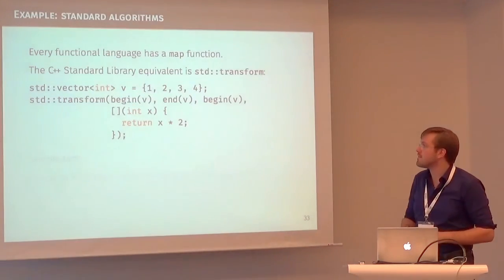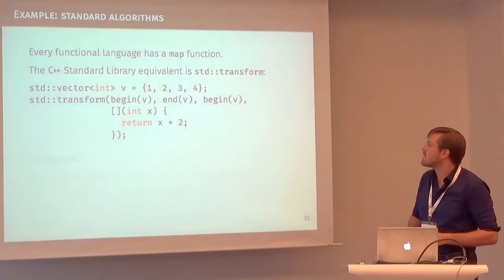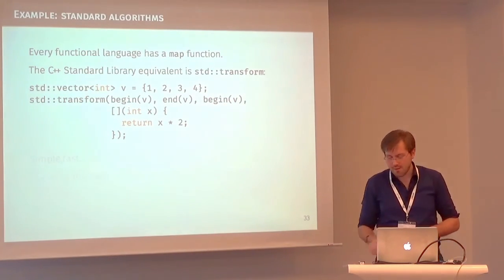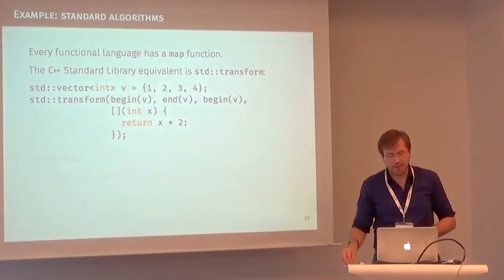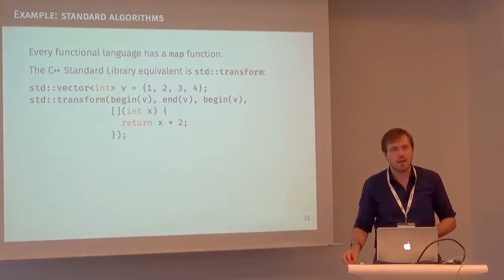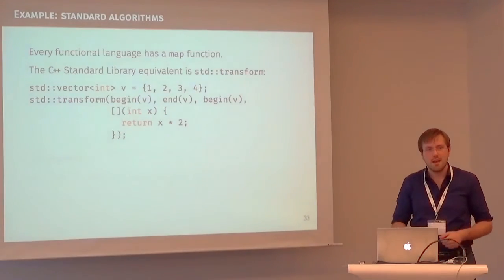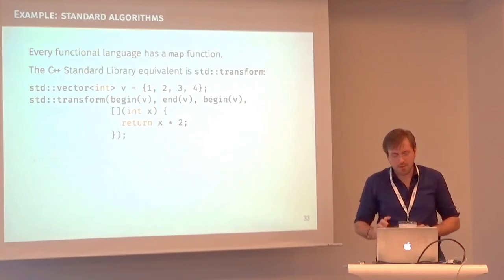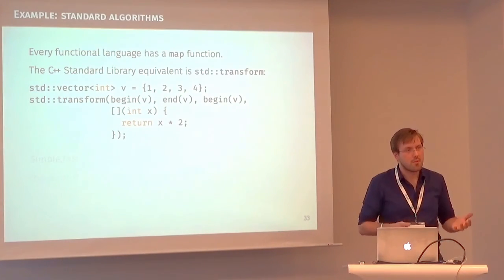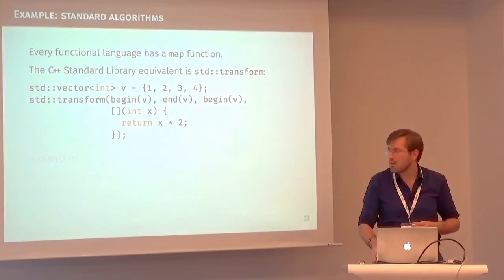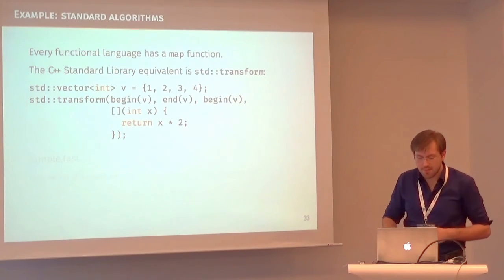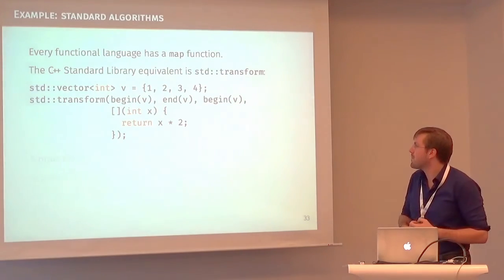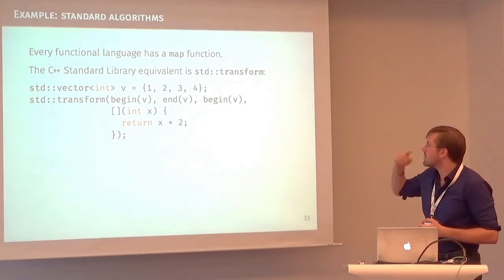I picked a very simple example. One of the first higher order functions that people learn when learning a functional programming language is the map function. The map takes a sequence and applies a function on each element of the sequence, returning back a sequence with the values transformed. In the C++ standard library, it is called transform, and it works like this.